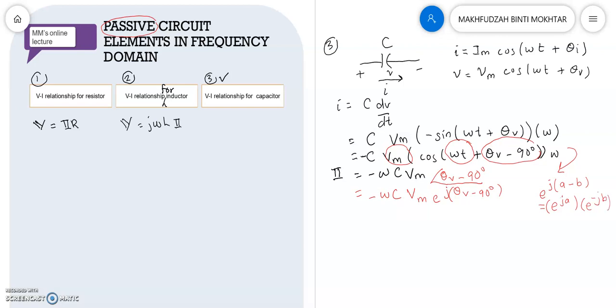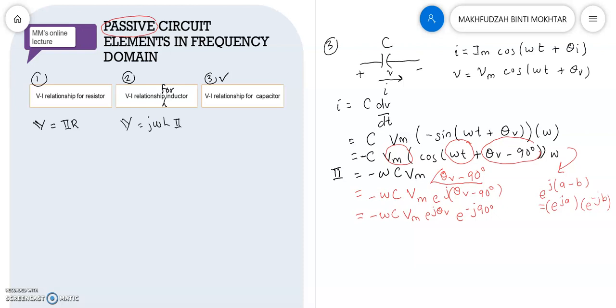So it can be used here, and I have negative omega C Vm exponent j theta V multiplied with exponent negative j 90 degrees.